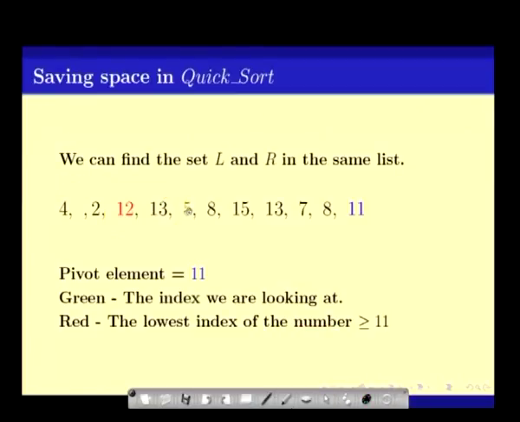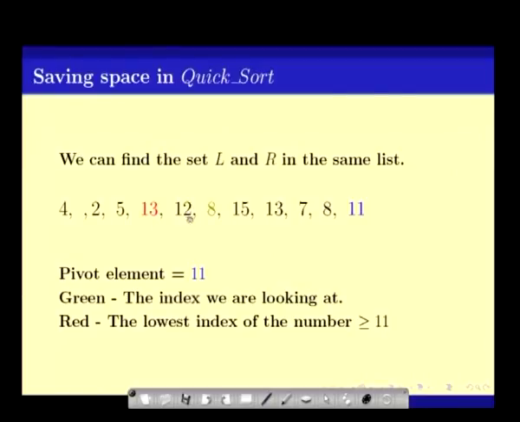And when we are looking at 5, what do we do? We first push the green marker to 8, and swap 5 with 12, because 12 is the first element which is greater than 11. So, we swap 5 with 12, and we push the red marker to 13.